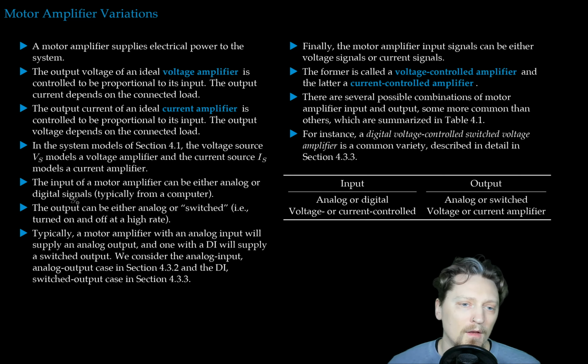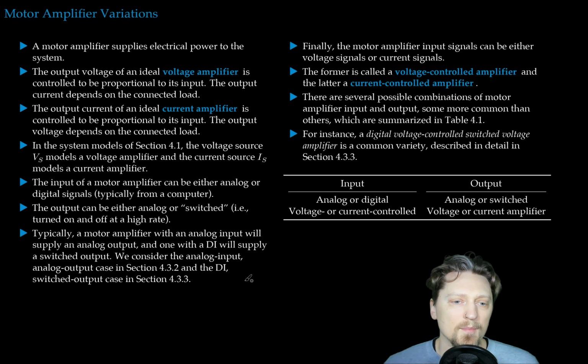The input of a motor amplifier can be either analog or digital signals, typically from a computer. The output can be either analog or switched, i.e. turned on and off at a high rate. Typically, a motor amplifier with an analog input will supply an analog output, and one with a digital input will supply a switched output.